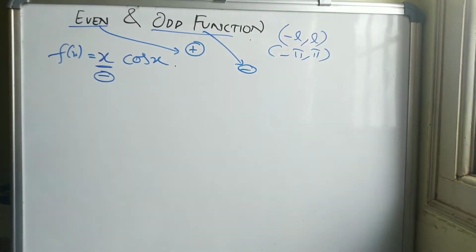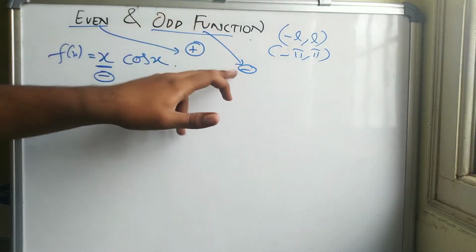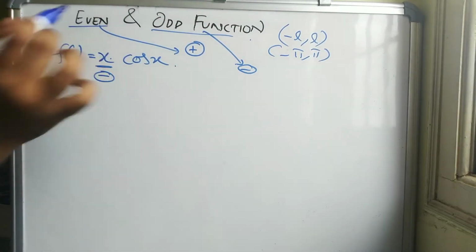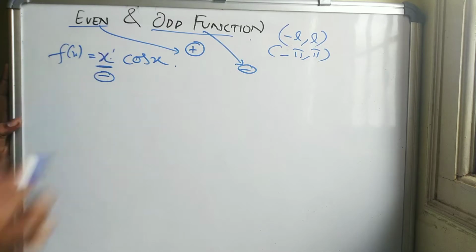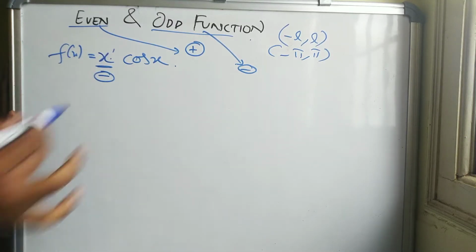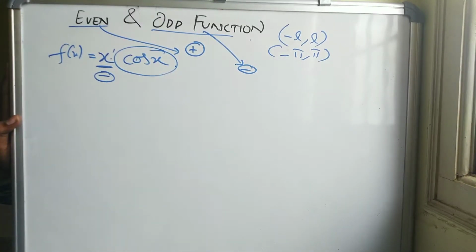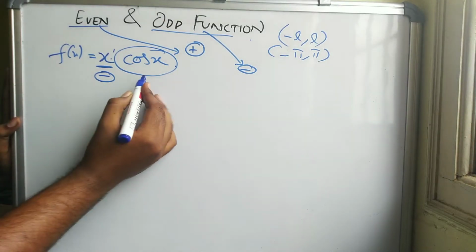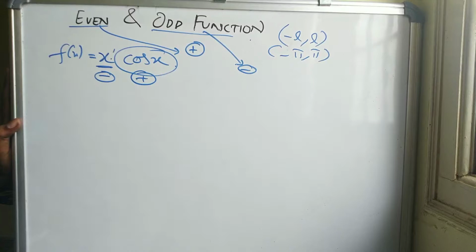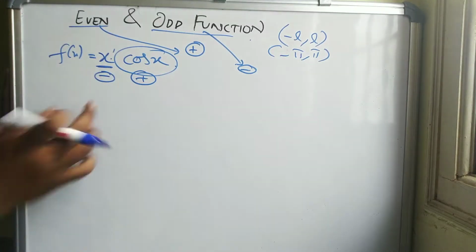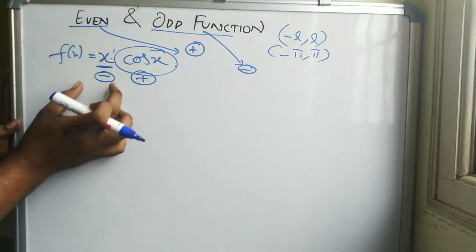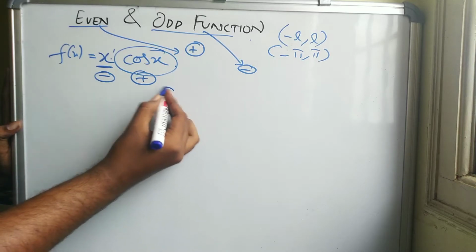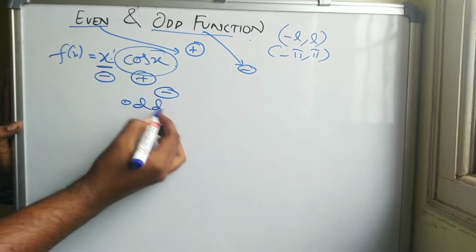Even plus sign, odd minus sign. Now x is an odd function since its power is 1, so minus. Cos x is basically an even function, so you place plus sign. Now this is the product, so minus into plus is minus. That means this is an odd function.